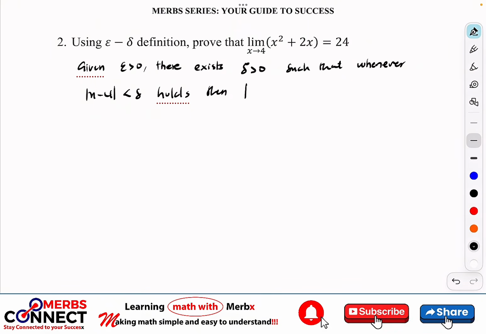So I'm going to have absolute of x squared plus 2x in parentheses minus 24 less than epsilon. So this is our definition that we need to write, and you should be able to write this definition down.